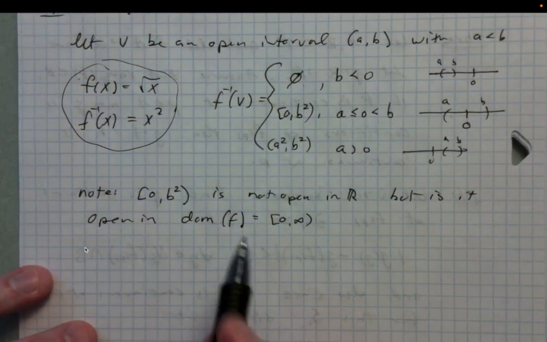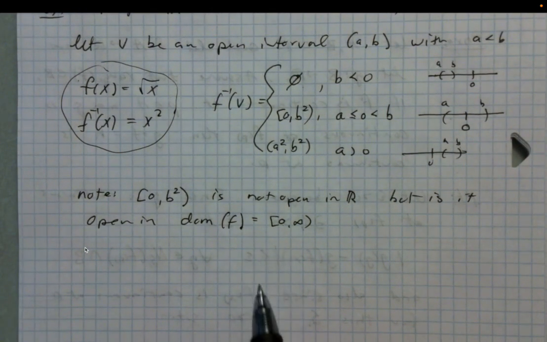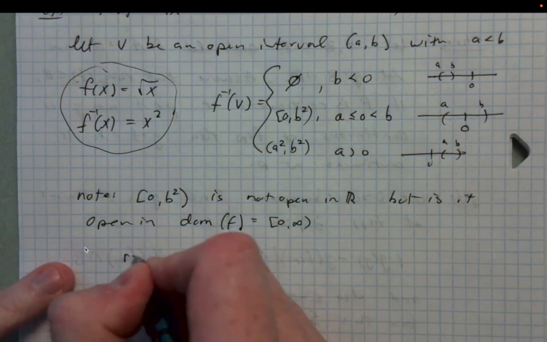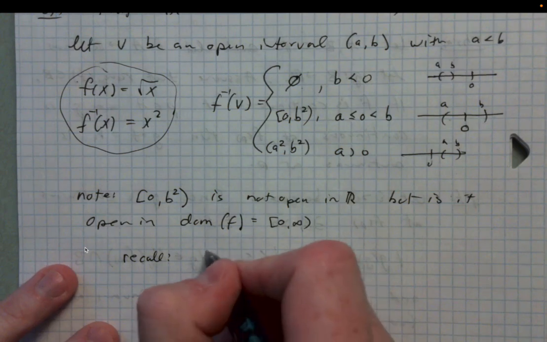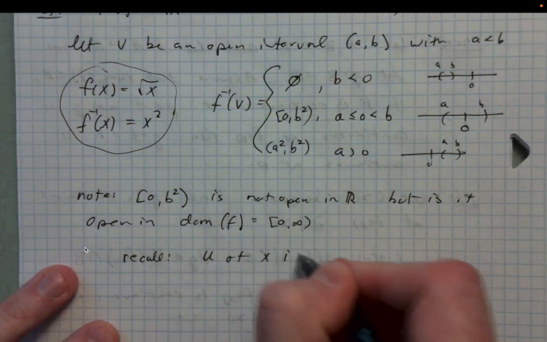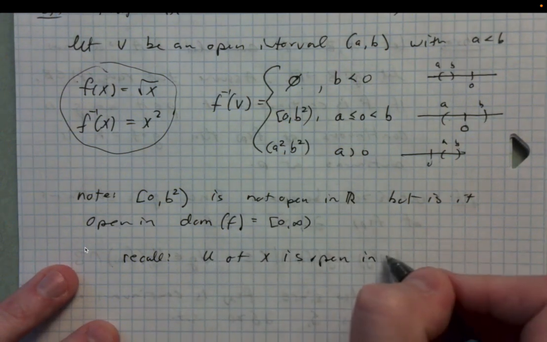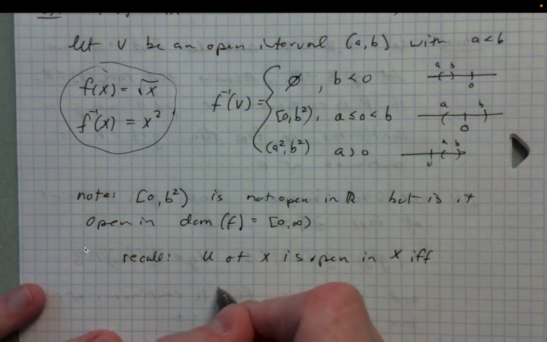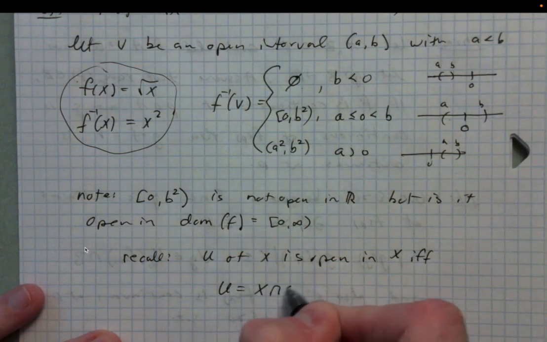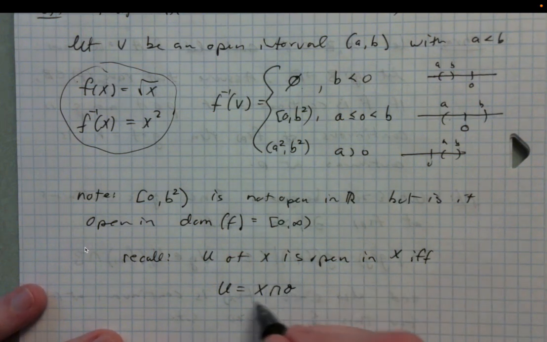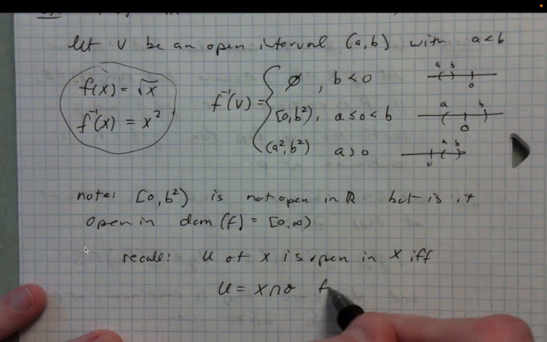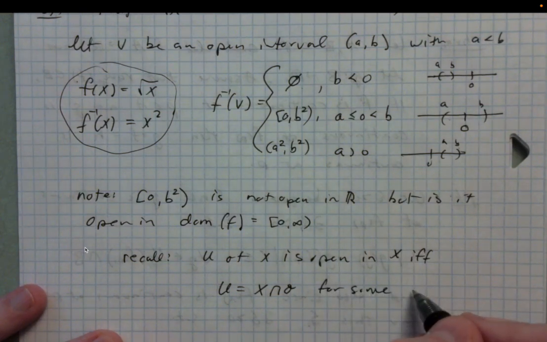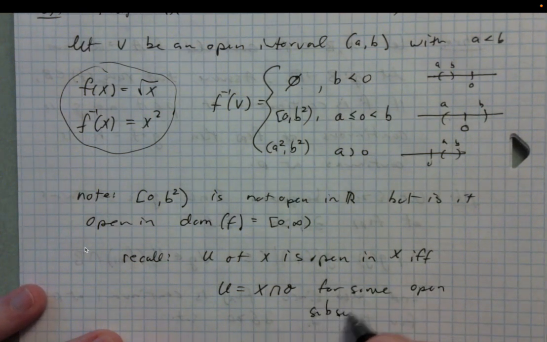So let's remember, we had a theorem a while back talking about this very thing, and I think what we said then was, and I'll try to recall it here, U of X is open in X if and only if U is equal to the intersection of X and O, for some open subset O of R, right?